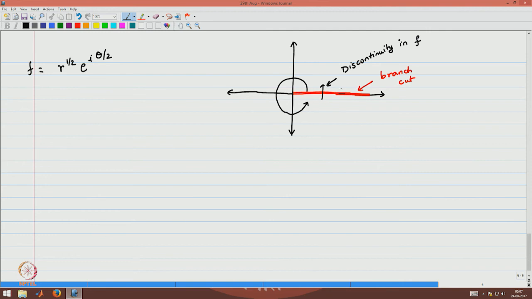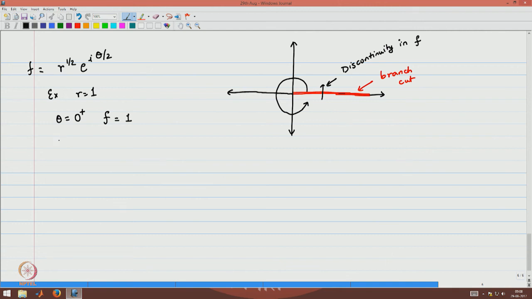So just for example, let us take a point where r equals 1. When theta equals 0 plus, that is just greater than 0, then f is equal to 1.